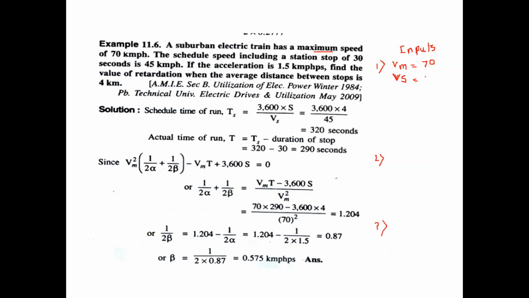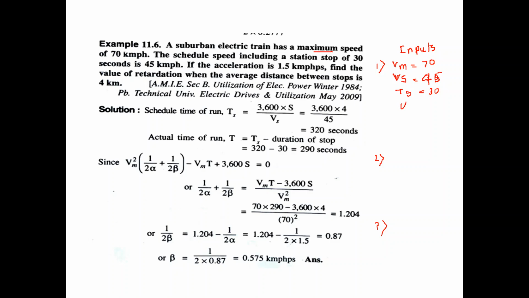Oh, sorry, it is 45. Average speed is 35 kilometer per hour, including the station stop. So Ts they have given as 30 seconds.